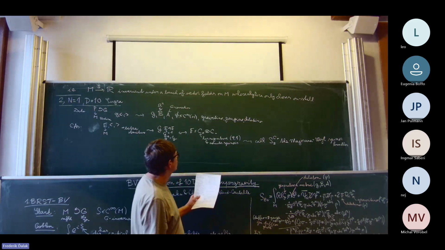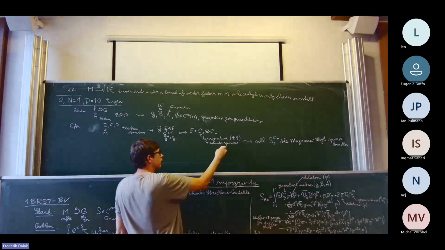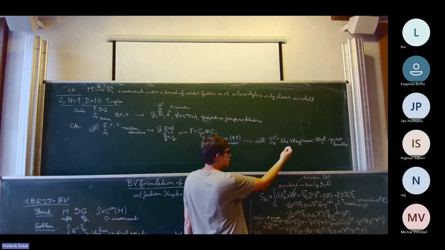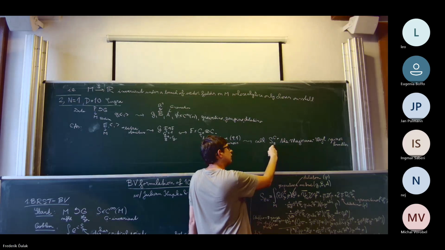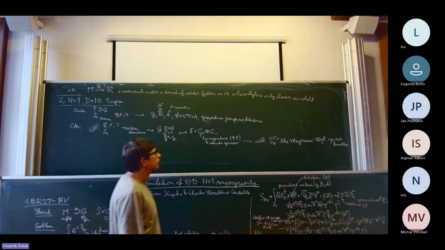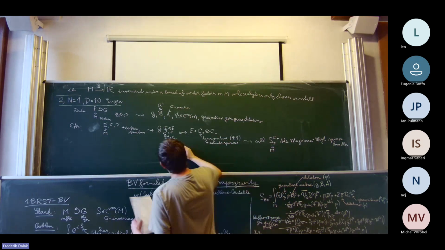You consider the corresponding spinor bundle, you construct the representation, and there are two distinct ones which are real. They are called Majorana-Weyl bundles, and there are two of them.